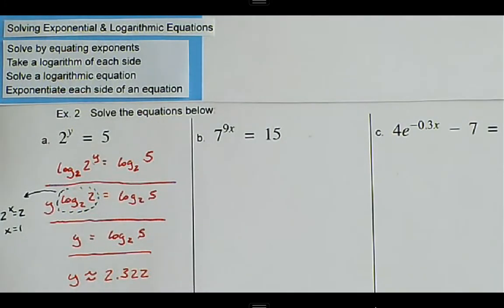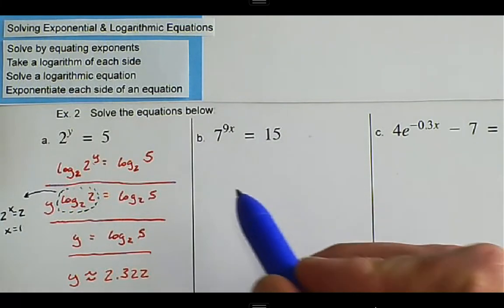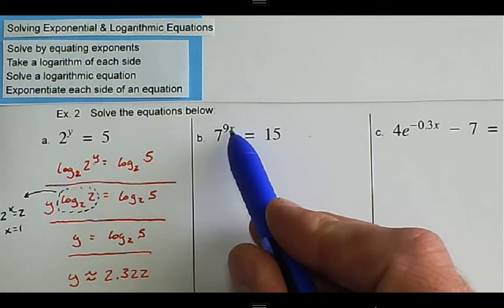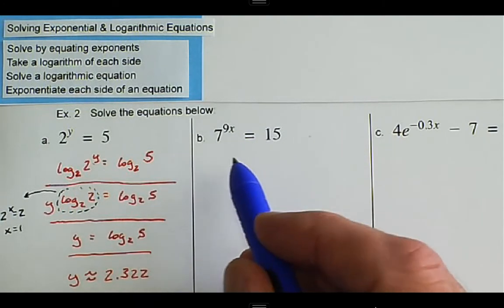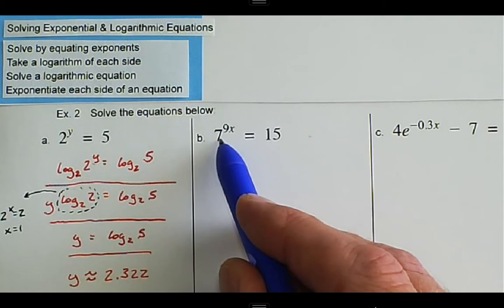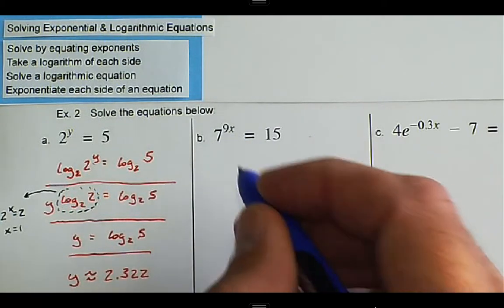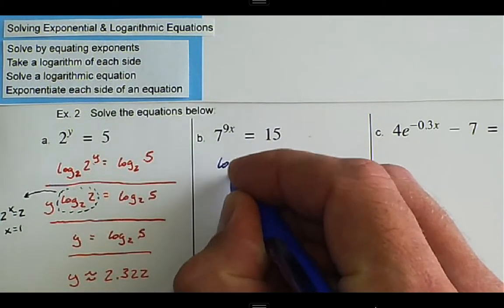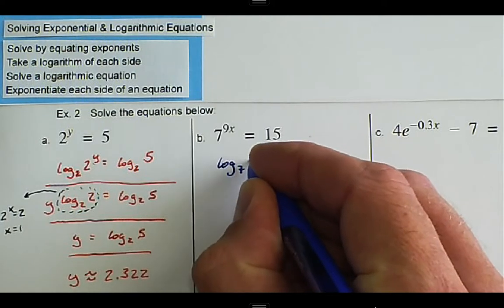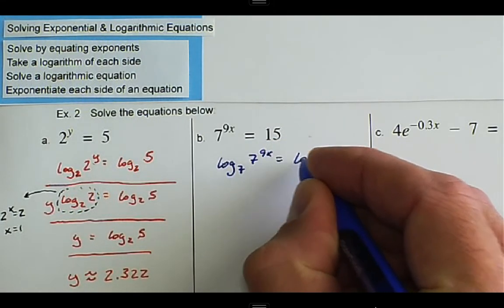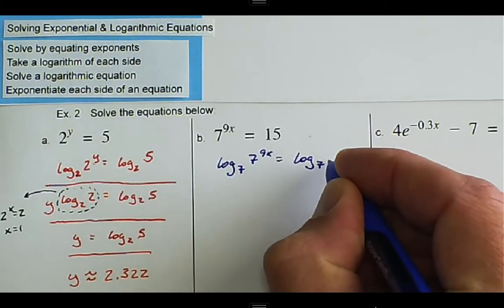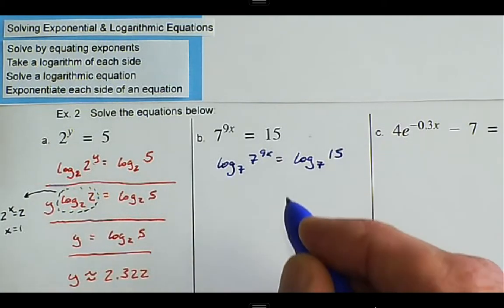All right, next one we have, same situation here. We have a variable in the exponent, so we need to get that out, and we want to take the log of both sides. In this case, the side that has the variable has base 7, so we'll take the log base 7 of 7 raised to the 9x power, and log base 7 of 15.